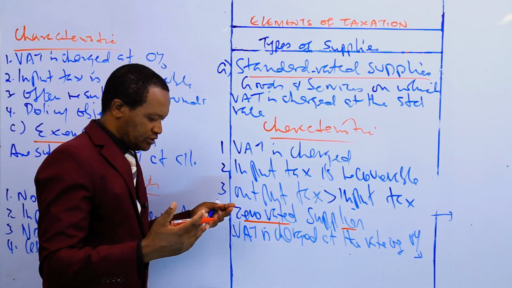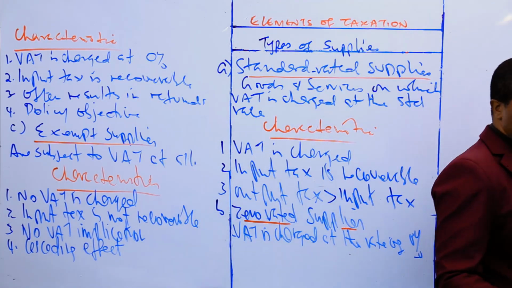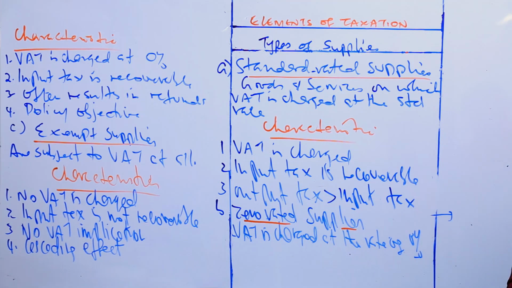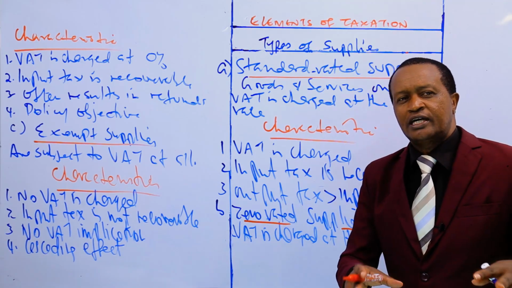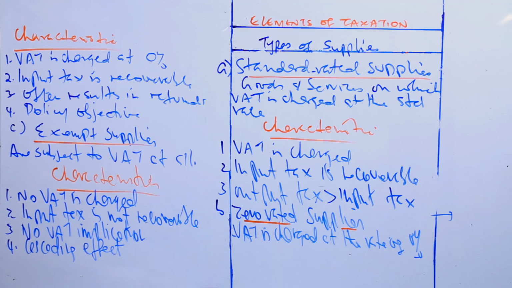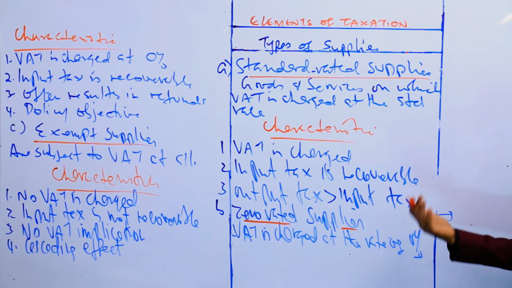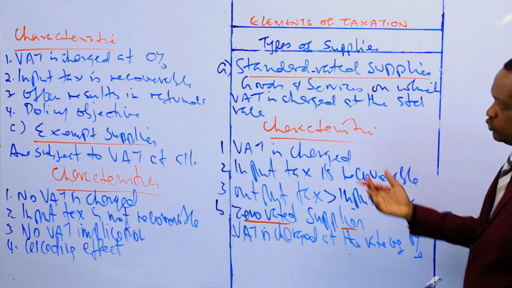Knowing this distinction is very important. Candidates, why do you think the classification of supplies is crucial for VAT? If you are asked, why is the distinction of supplies crucial?